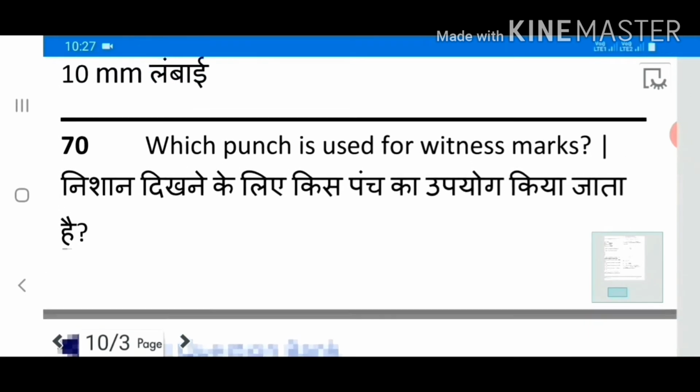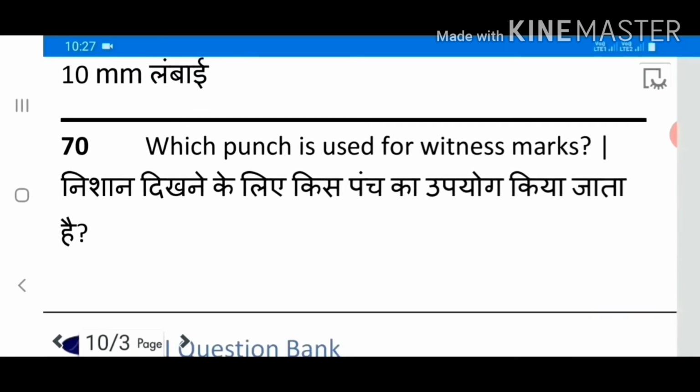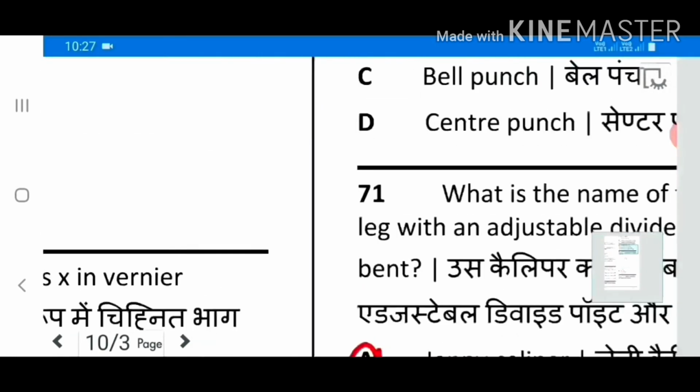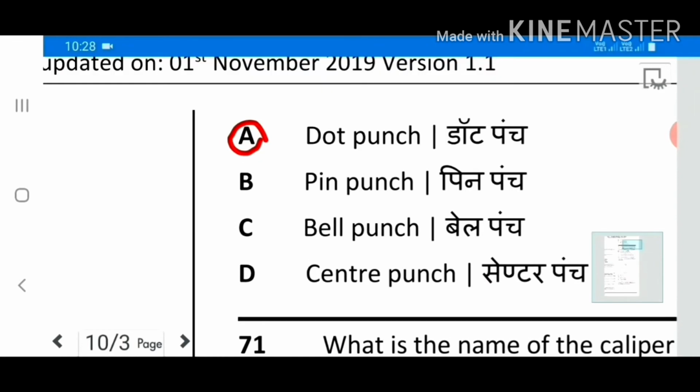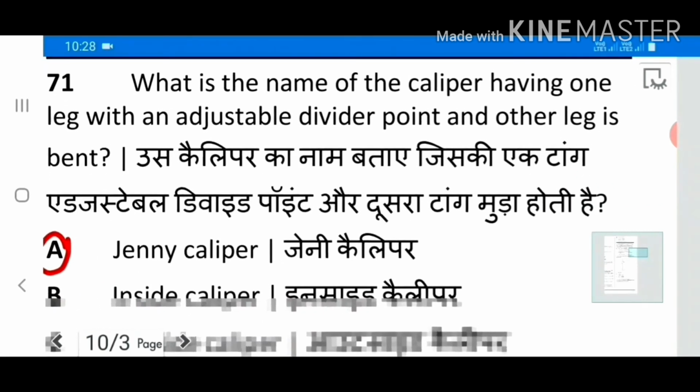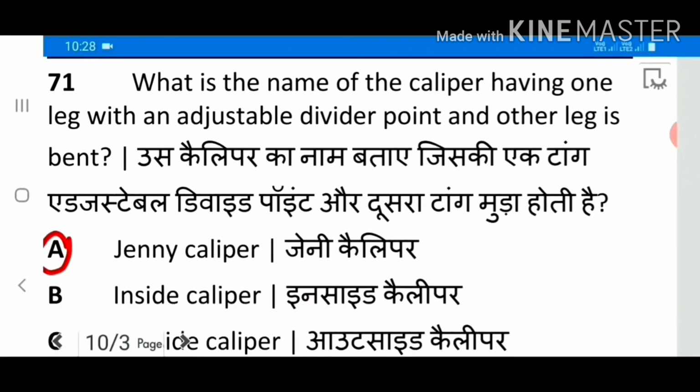70. Which punch is used for witness marks? Answer A. Dot punch. 71. What is the name of the caliper having one leg with an adjustable divider point and other leg is bent?